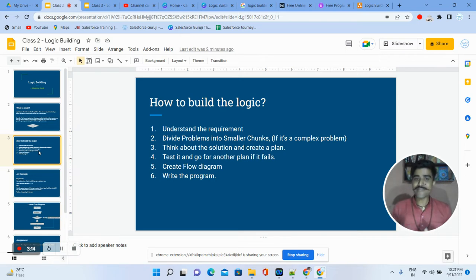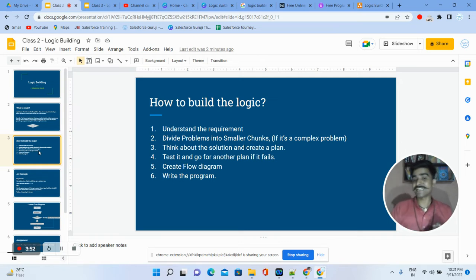Maybe right now, while we are learning, the requirement is very simple and you can write it easily. But when you enter the real world of programming or writing a flow, it will definitely be very complex logic. In that scenario, you first need to understand the requirement very clearly. Only then will you be able to seek the solution. So this is the first point that you need to put in your mind: first, you need to understand the requirement.